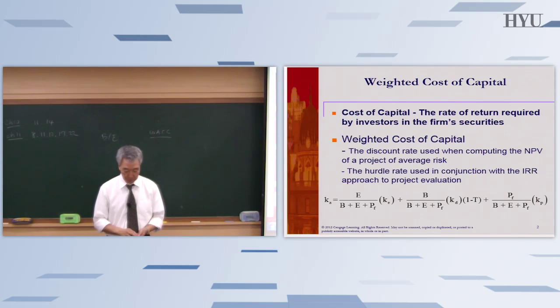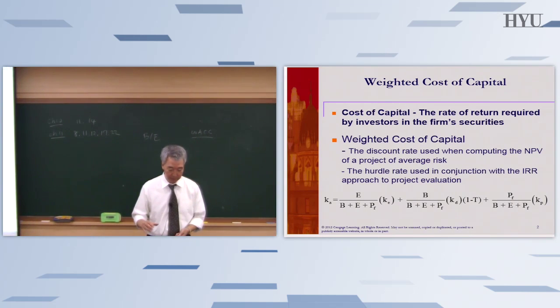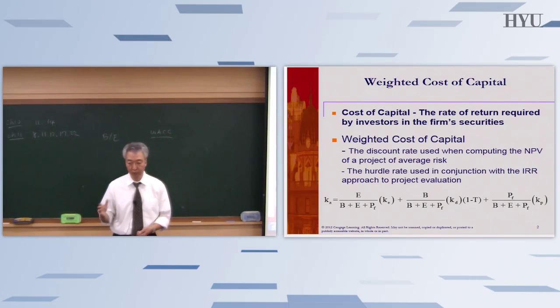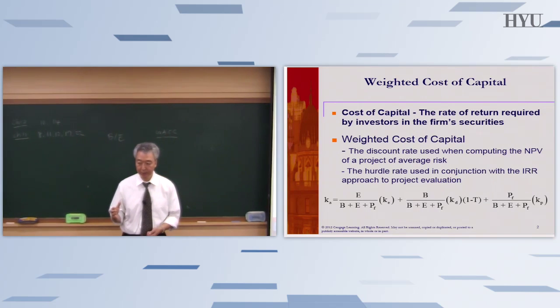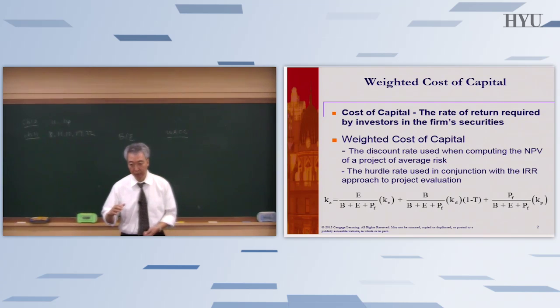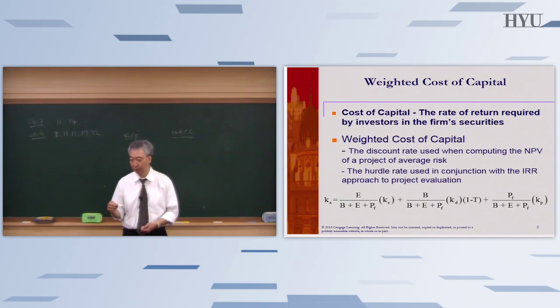So when the company has multiple projects, and they're going to use one single discount rate to evaluate all the projects, it better be the right interest rate for the average risk project.